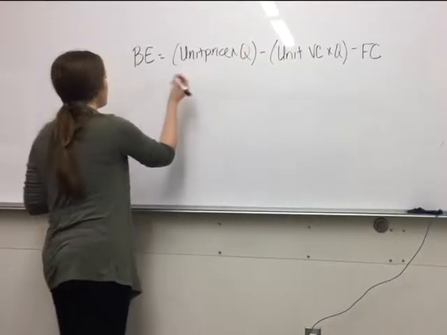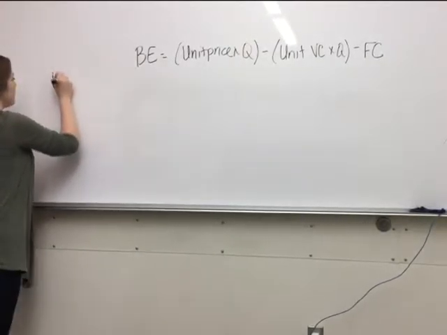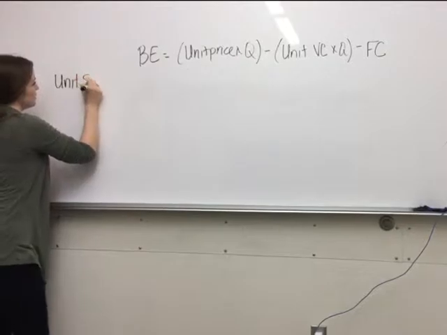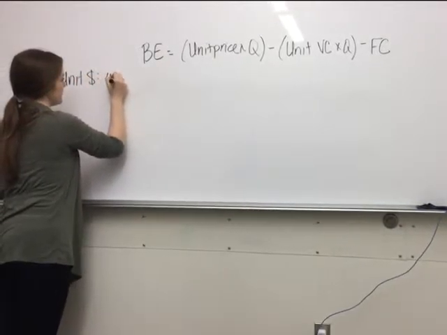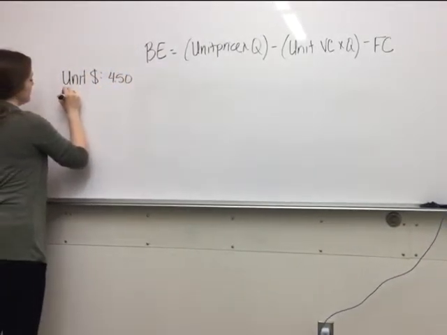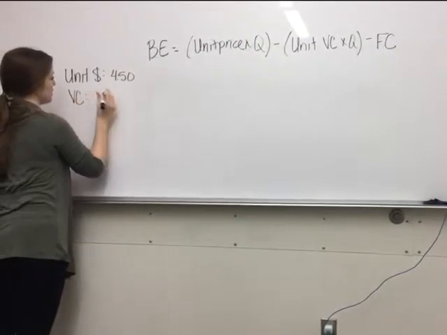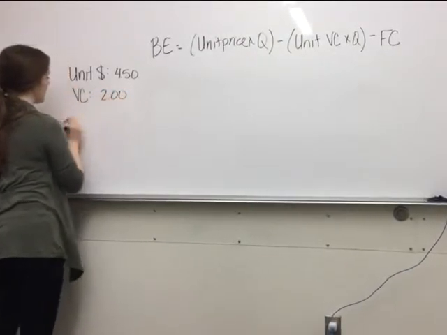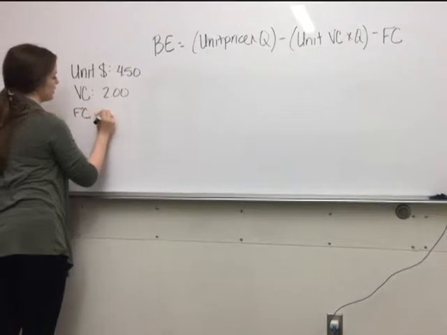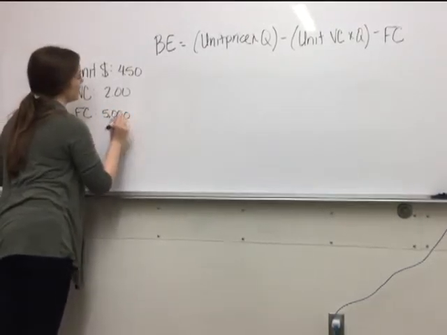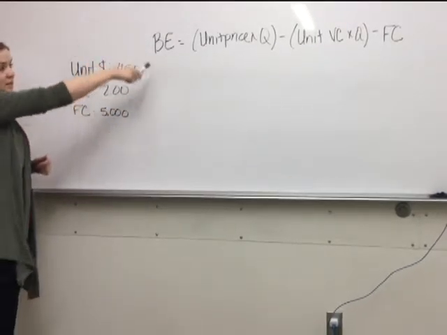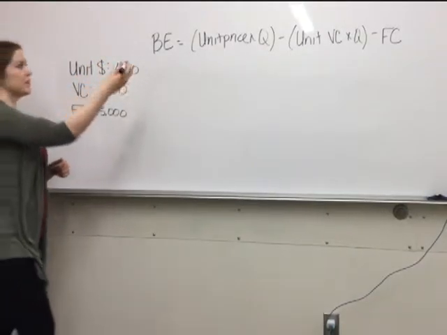Thank you. So we know that the unit price is $4.50, the unit variable cost is $2, and our fixed costs are $5,000. Now we just plug these numbers into this equation to solve for the quantity.